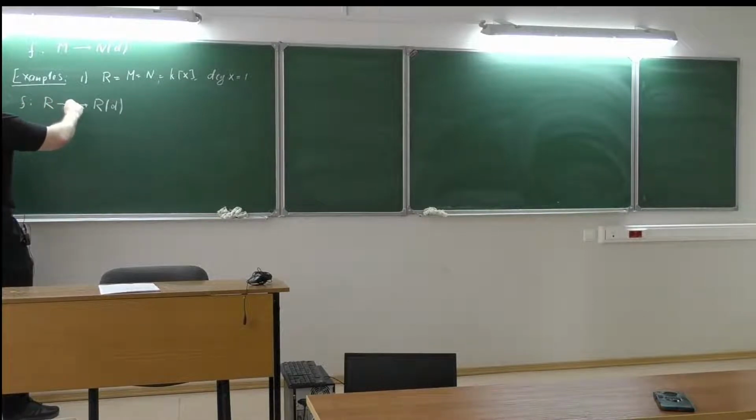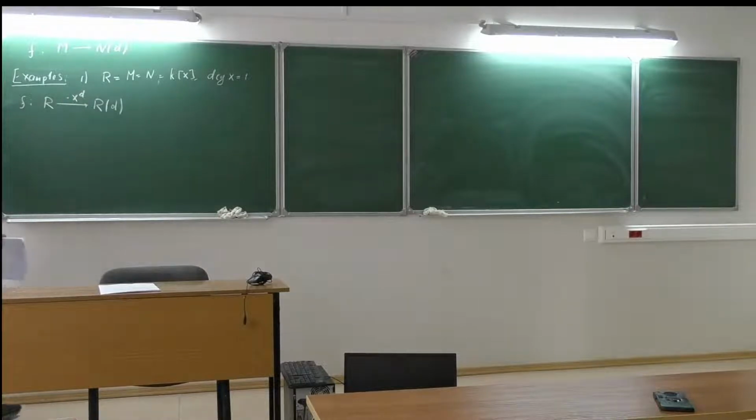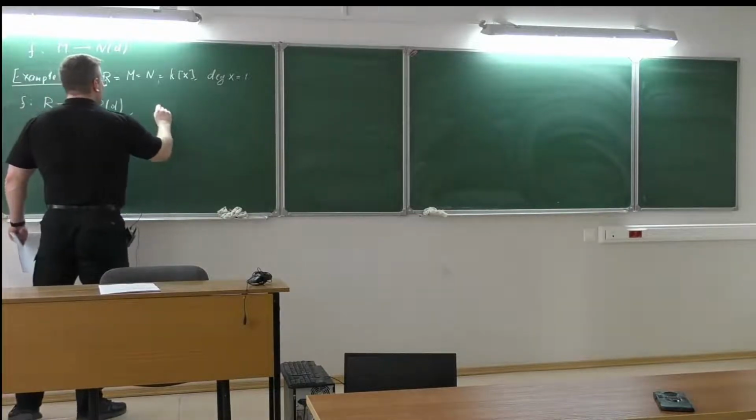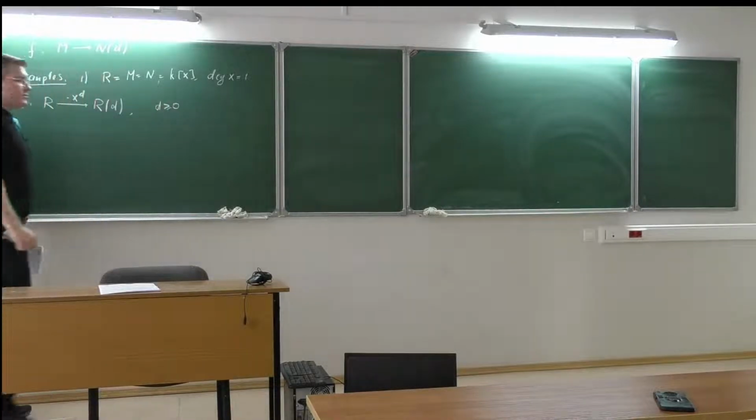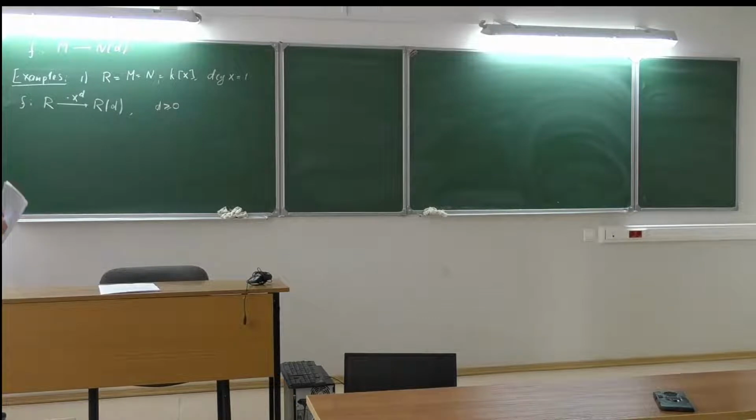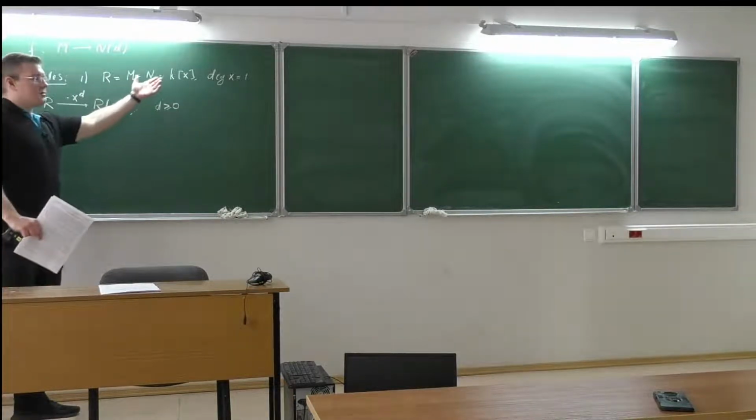This is the map that is multiplication by x to the d. And this of course works for any d greater or equal than 0. It won't work for negative d because this element is not in the ring.